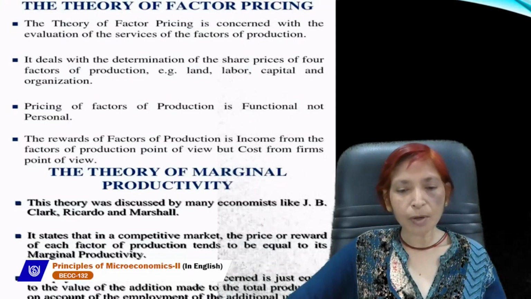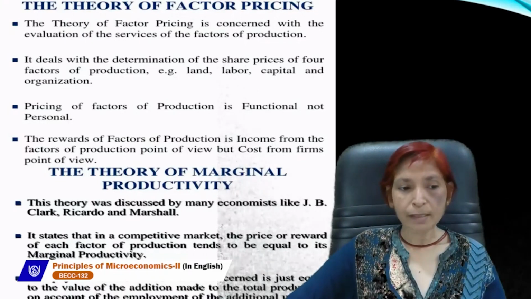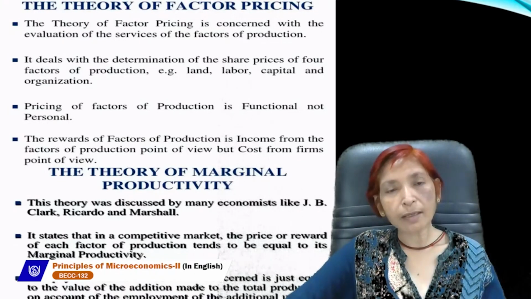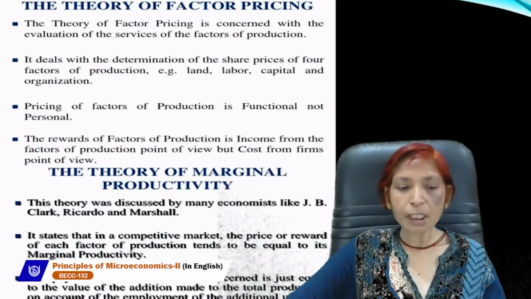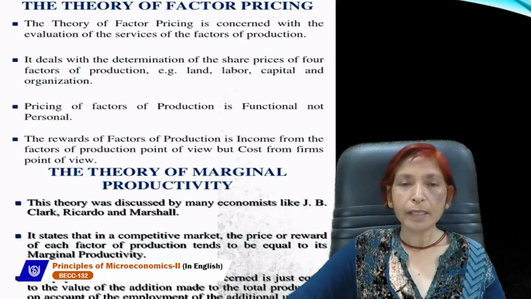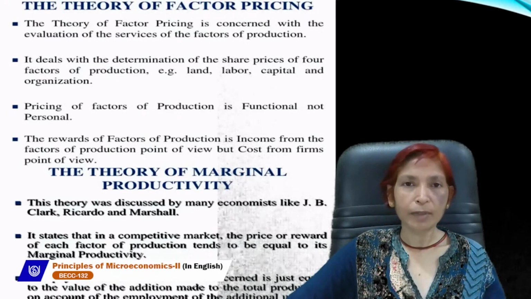We will discuss all these theories in this topic. It states that in a competitive market, the price or reward of each factor of production tends to be equal to its marginal productivity.